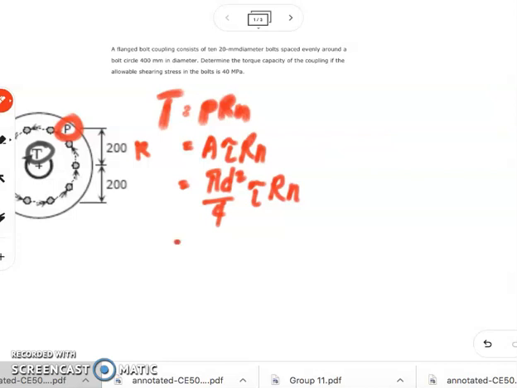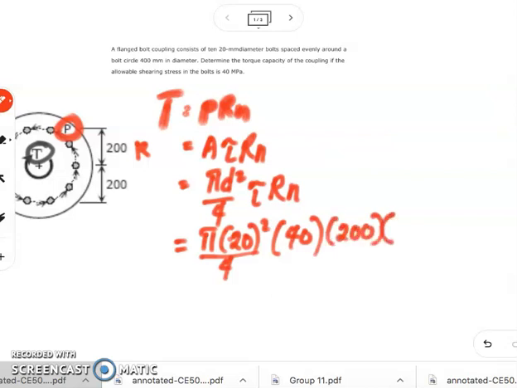We have 10 bolts. Therefore, we have pi times 20 raised to the second all over 4 times our allowable shearing stress, which is 40 megapascal, times our r, which is our radius, 200 mm, times the number of bolts, 10.